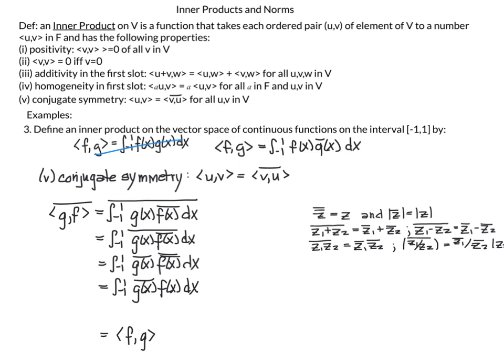So I can separate this out to the integral from -1 to 1 of the complex conjugate of g of x times the complex conjugate of the complex conjugate of f of x. And of course, the complex conjugate of the complex conjugate is just equal to f of x. And so what we have here now, switching the order of f of x and g of x, is the inner product of f and g, and therefore we have conjugate symmetry.